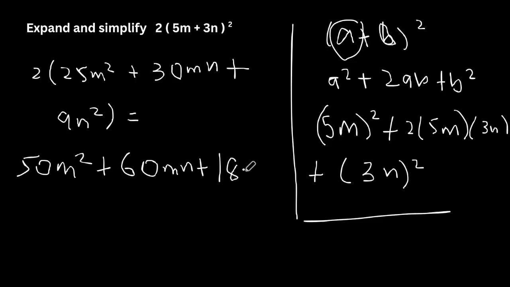So you get 18n squared. And that's actually it. There's nothing else to simplify. Therefore, this is the answer. It's a two-step with some working, so not that difficult, right? Let's go on to the next question.